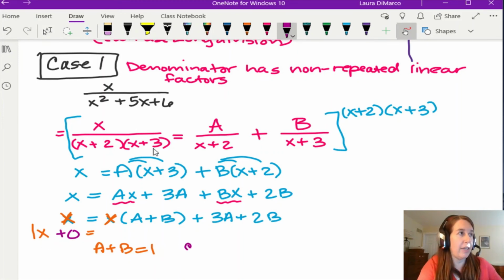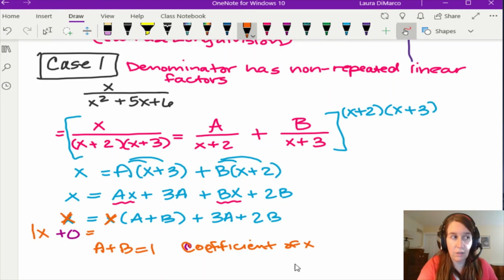So I'll even write that. I really want to write it in the right color. I'm going to write it in orange. Coefficient of x. Okay? The other part of the equation, which I'm going to do in this purple, is called the constant. So on this side, there is no constant, so it's plus 0.